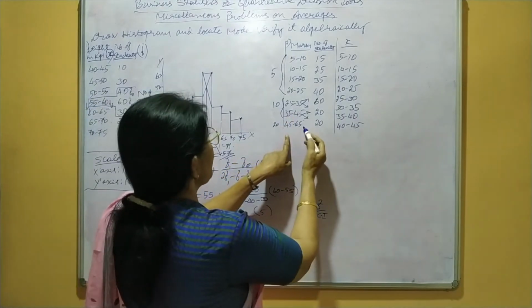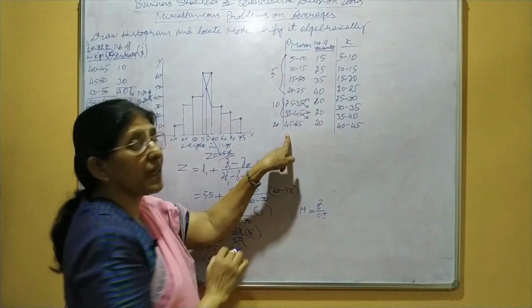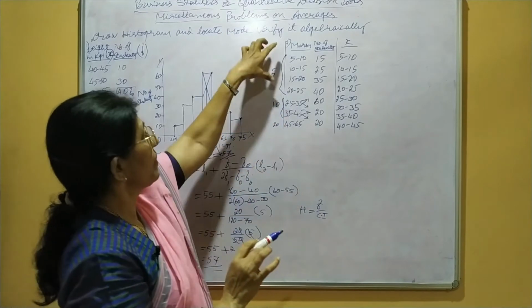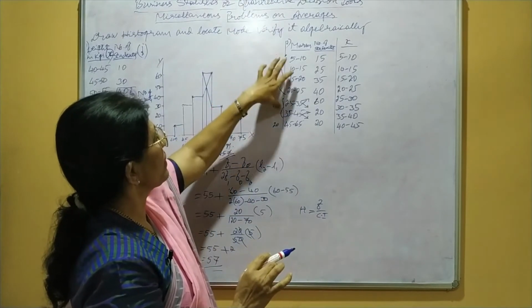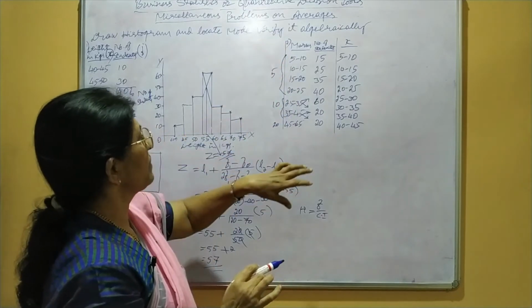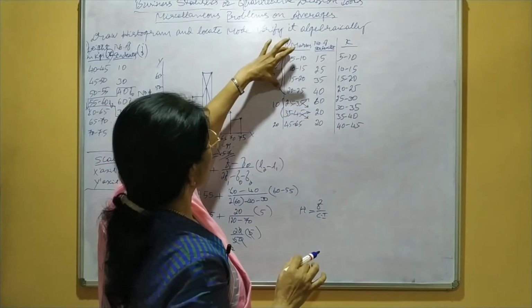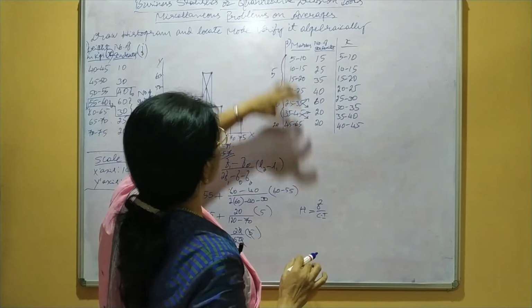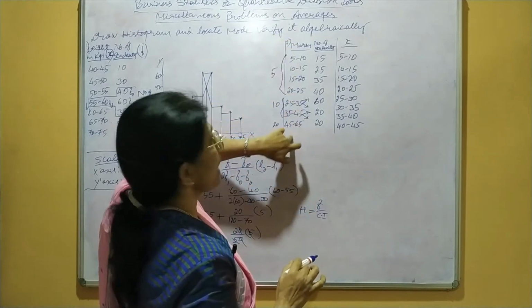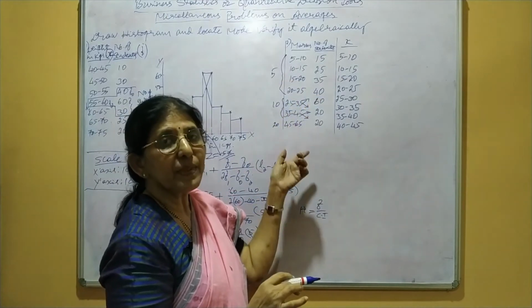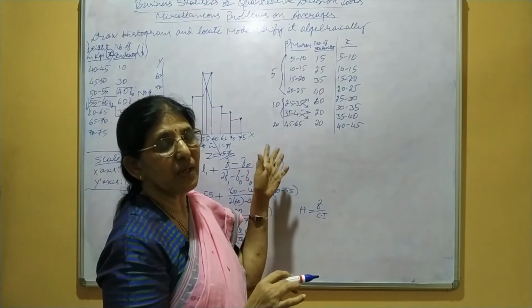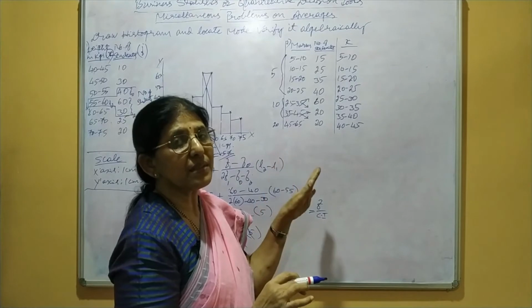Then 45 to 65, here the common class interval we have to take is 5, because the first four classes are with 5 class interval, isn't it? Otherwise, if you take 20, then you will get only 3 classes. Here we have to keep in mind the principles of classification, minimum number of classes and maximum number of classes.